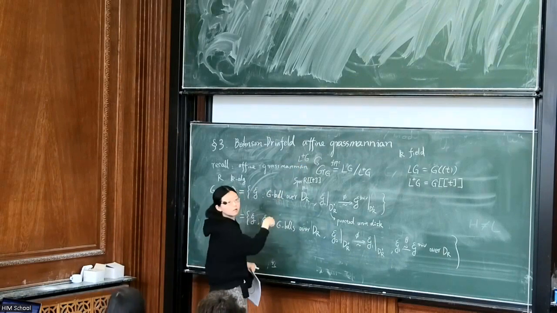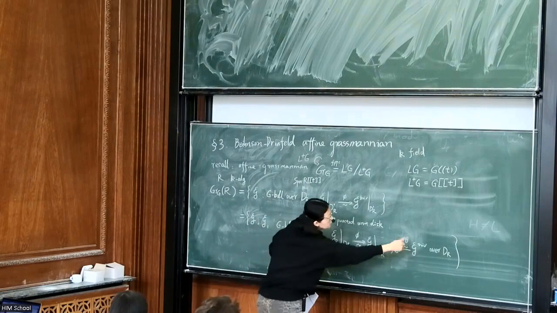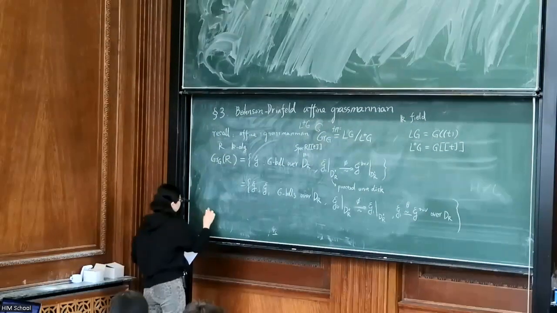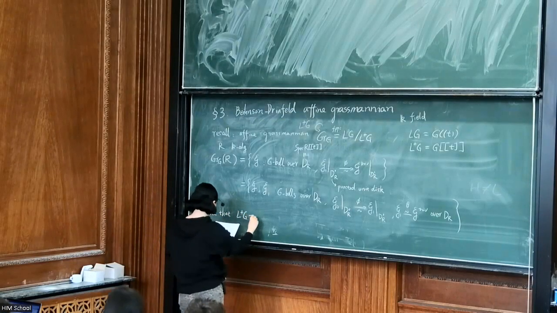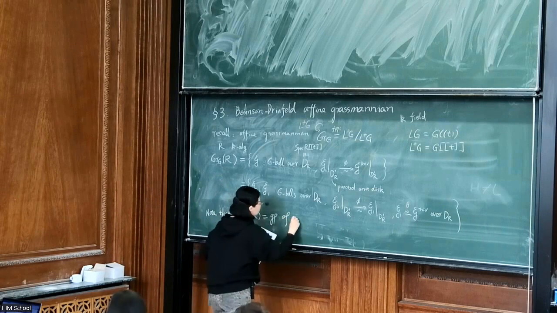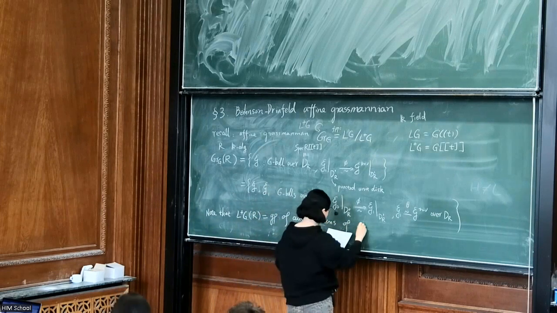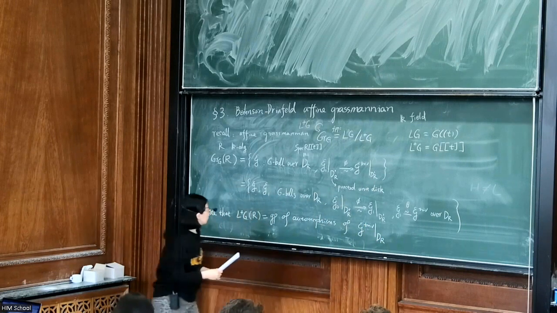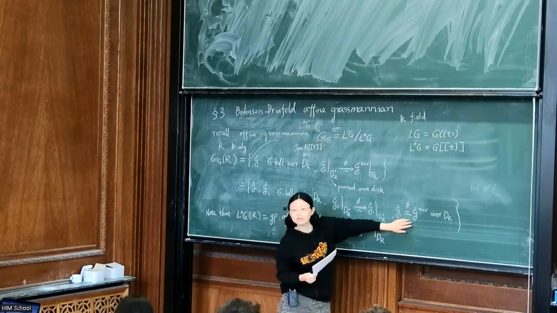In fact, this group is a group of trivializations of the trivial G-bundle over the disk, and the action is by changing this trivialization.